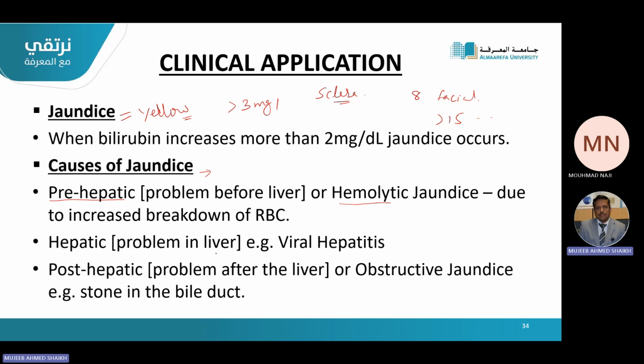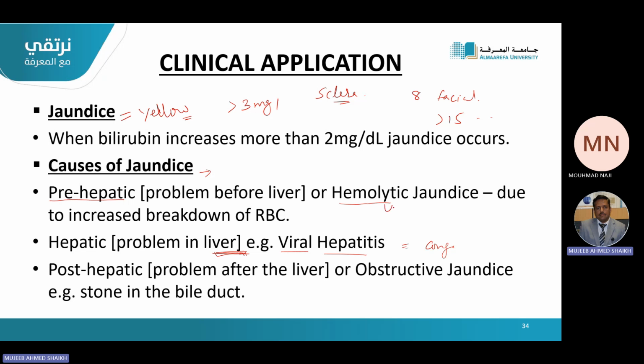There can be a cause related to conjugation where bilirubin does not get conjugated, or maybe the liver cells, hepatocytes, are not functioning, like in case of viral hepatitis A, B, C, D. All these types of hepatitis or cirrhosis can lead to increased bilirubin concentration, that is conjugated type. Conjugated bilirubin will increase.